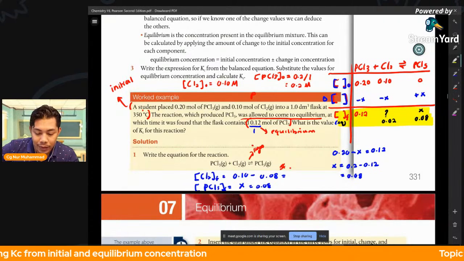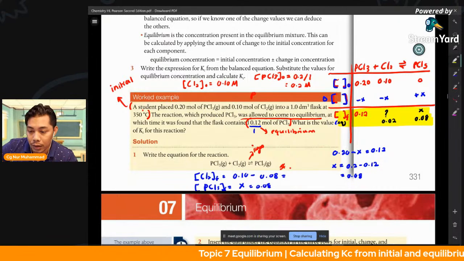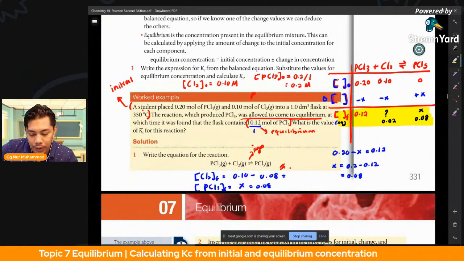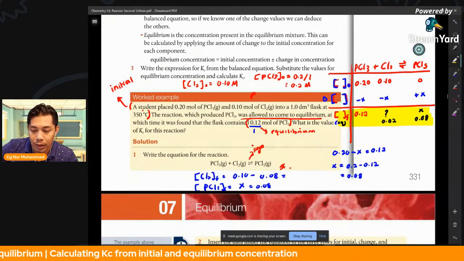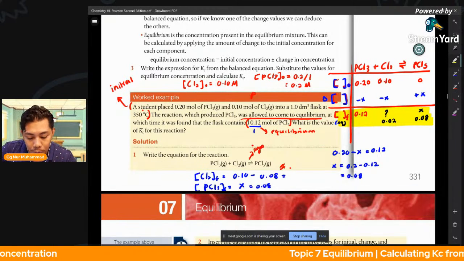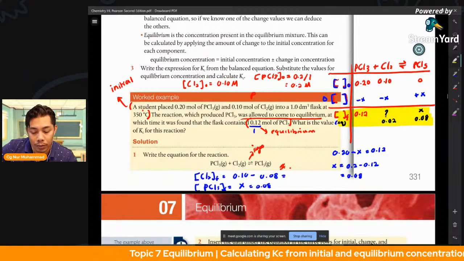Boleh faham kan kenapa reactant tu kena tolak dengan X? Because the amount of reactant reduces, while product plus X because the amount of product increases. Kenapa X? Because this is unknown. Kita tak tahu berapa. Okay, but we can calculate the unknown from the given information.